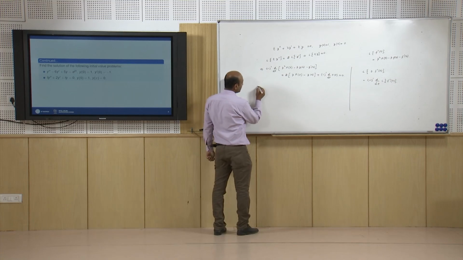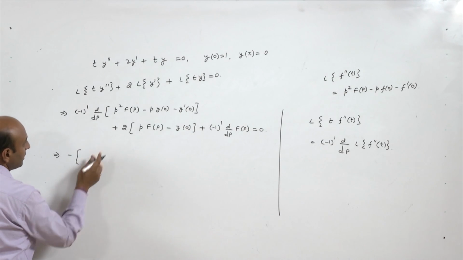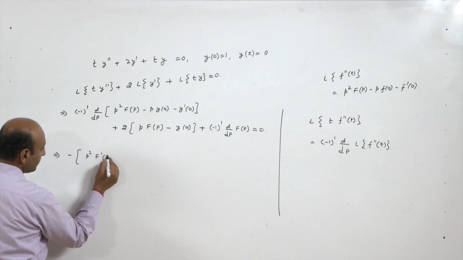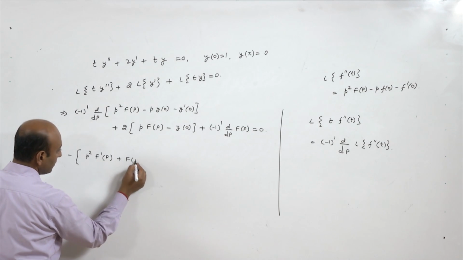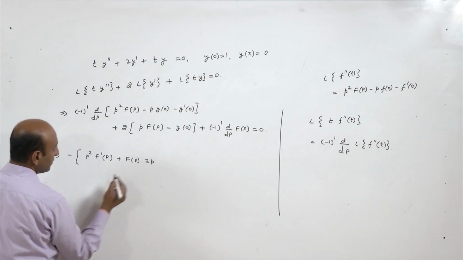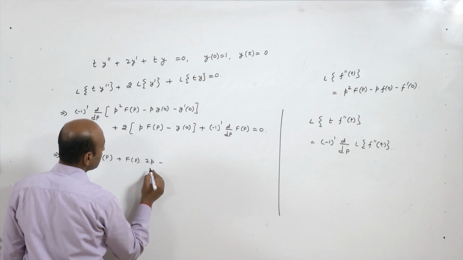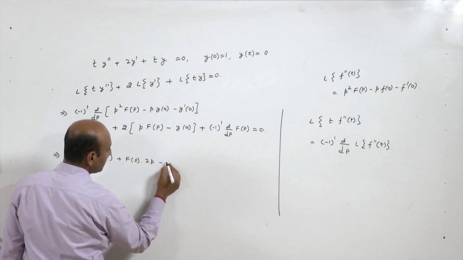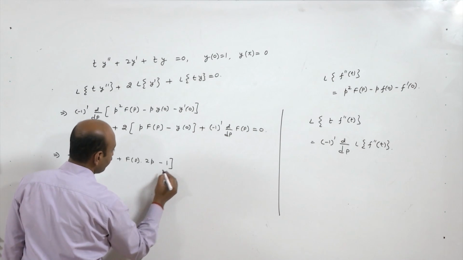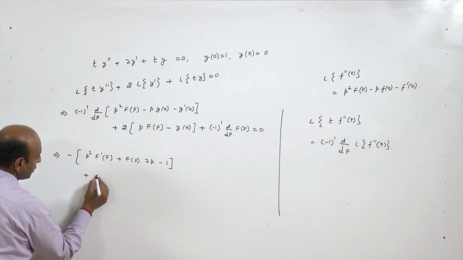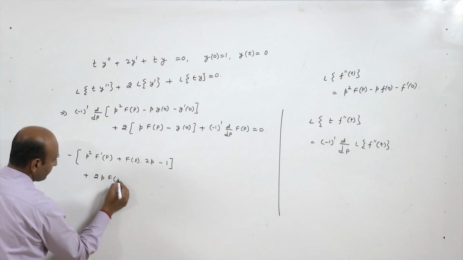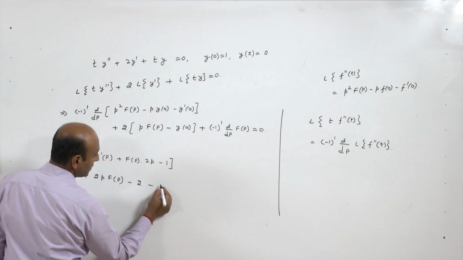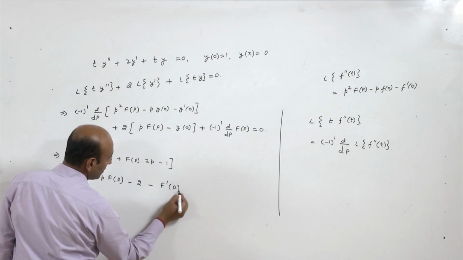Now, let us simplify this. It is minus derivative with respect to p, so it is p square into F dash p plus F p into 2 p, minus derivative with respect to p of y 0, which is 1, and its derivative is 0, plus 2 p F p, and y 0 is 1, so minus 2, minus F dash p is equal to 0.